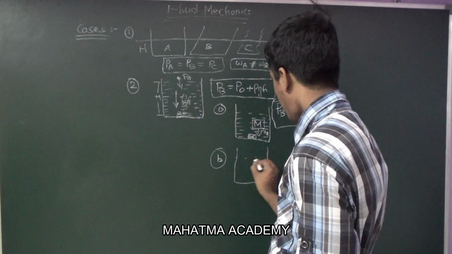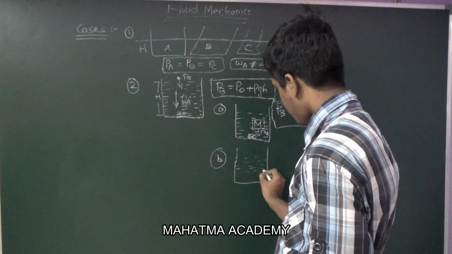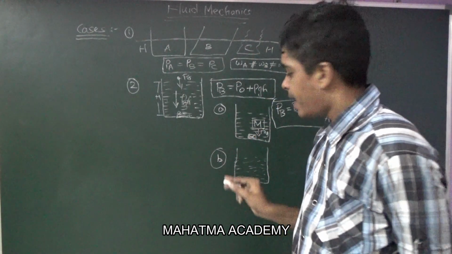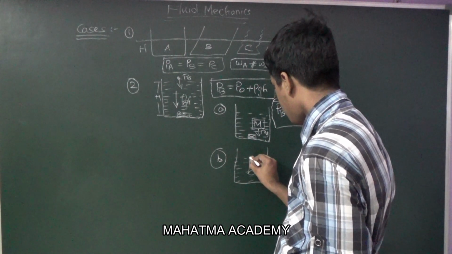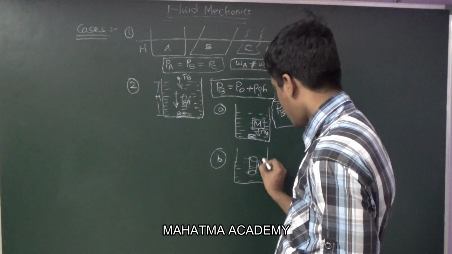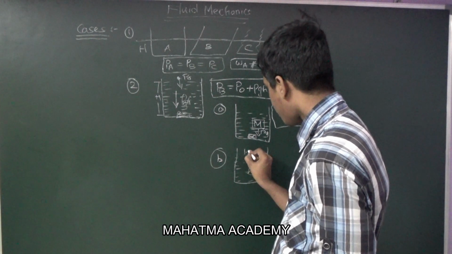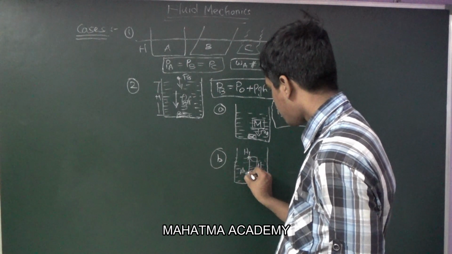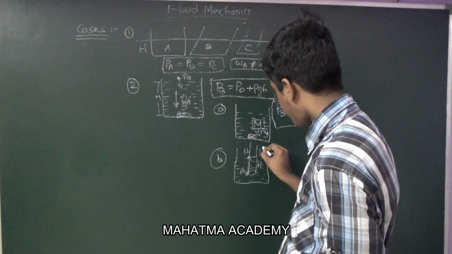Now we have another case: a cylinder of height h is placed. The distance from the top up to here is h1 and up to here is h2.